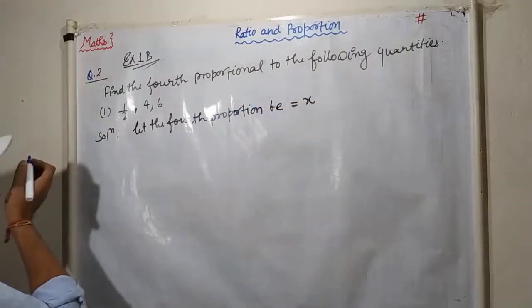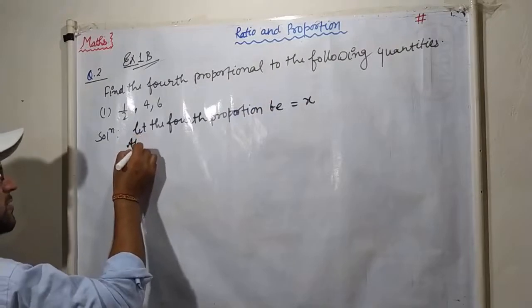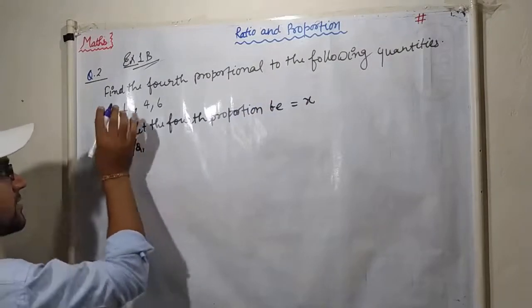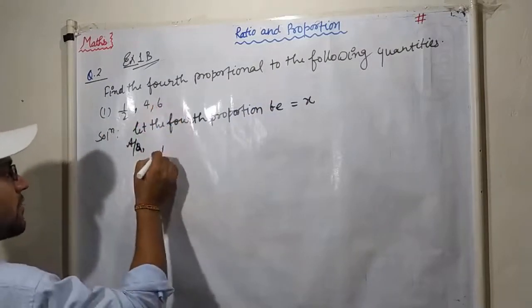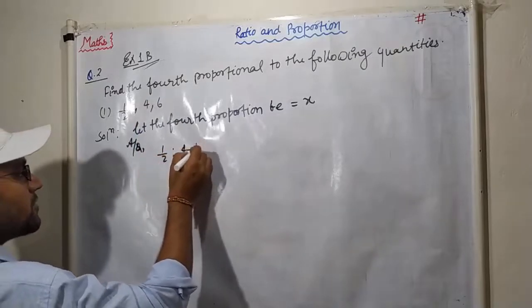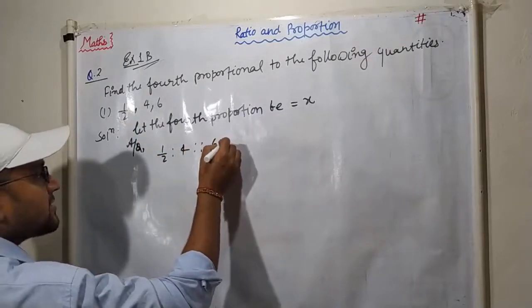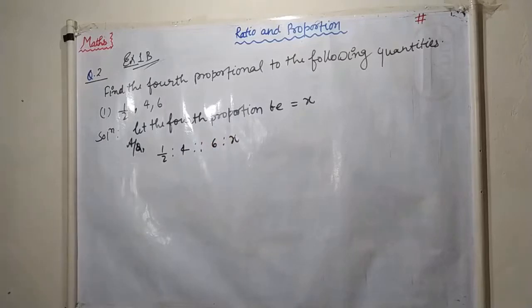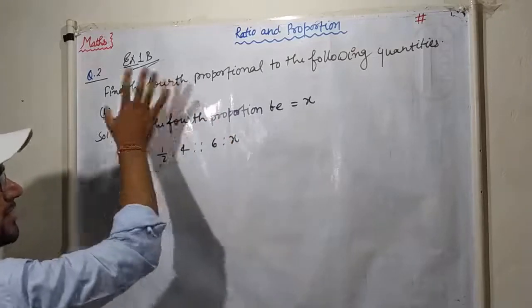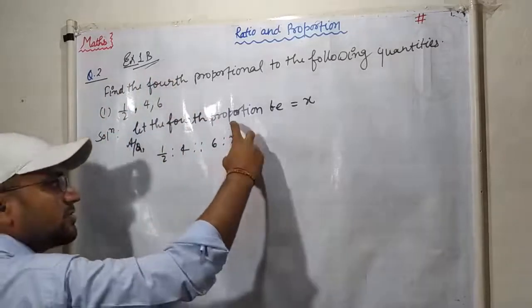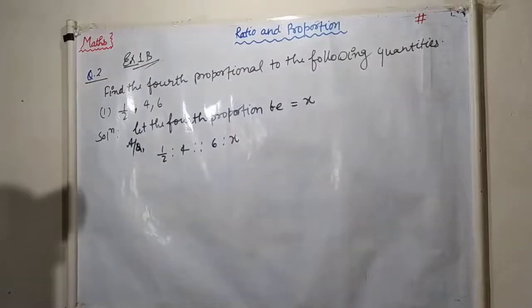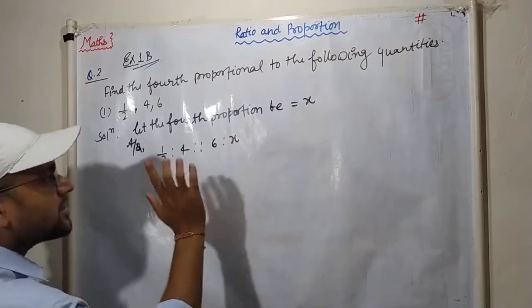According to the question, this is the first, second and third. So 1/2 ratio 4 ratio 6 ratio x. Because this is the fourth proportion, they are in proportion, that's why it is asking to find the fourth proportion, students. You know that the product of extremes is equal to product of means.